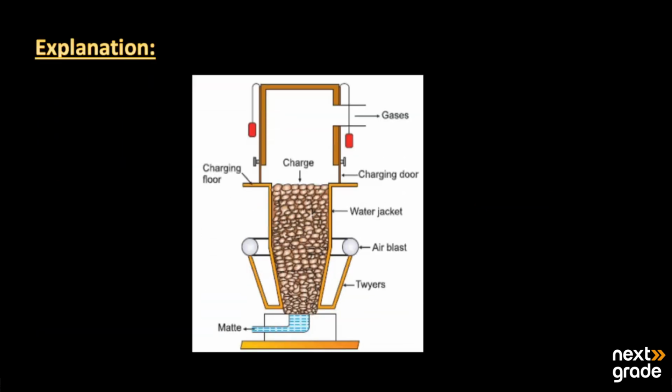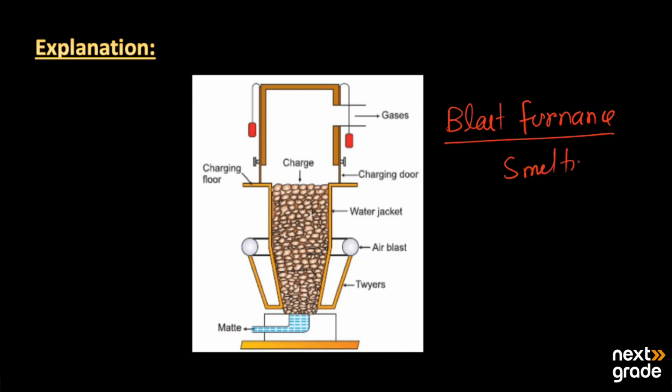Here we have its transfer section. This is the simple blast furnace which is used for the process of smelting. So what is the main process here? We have the charging floor, the tuyeres.